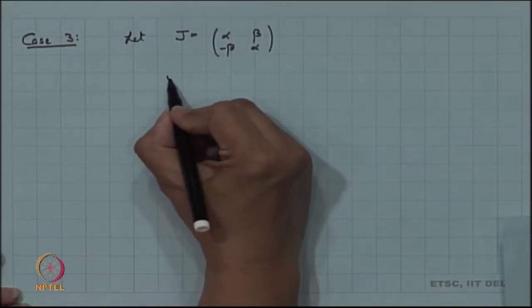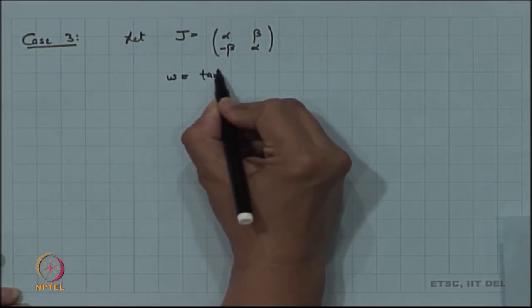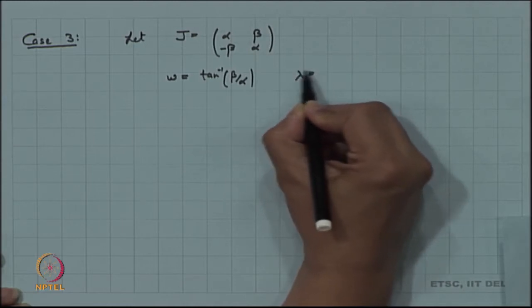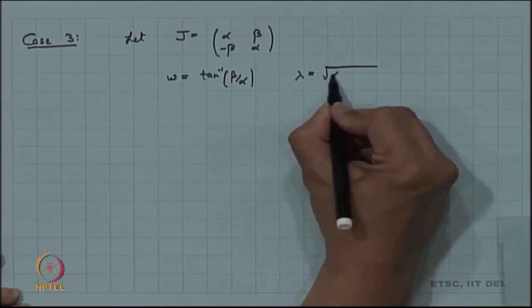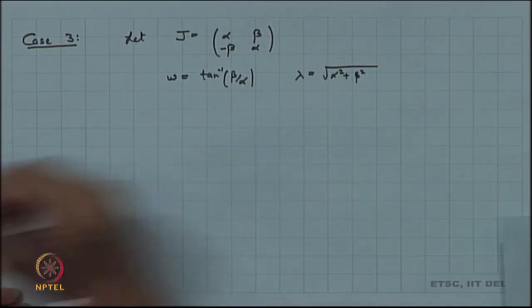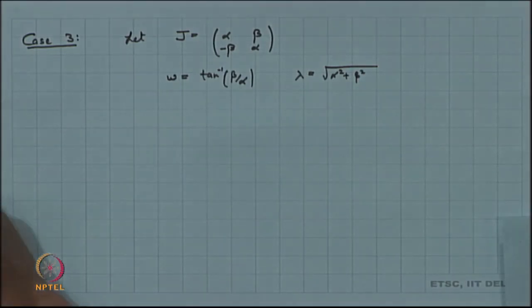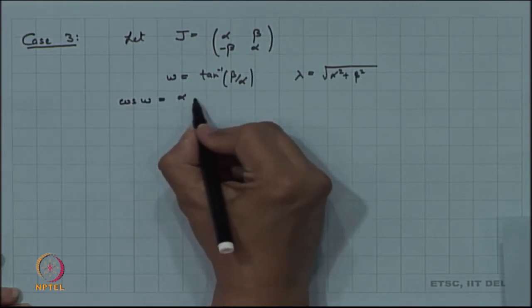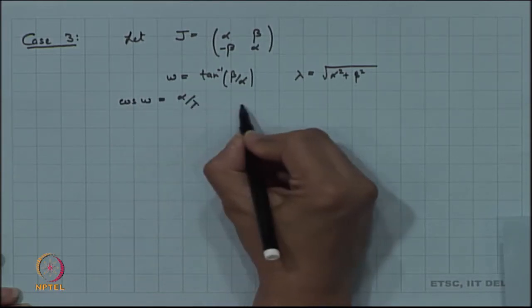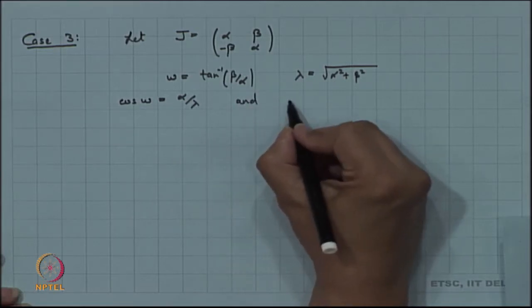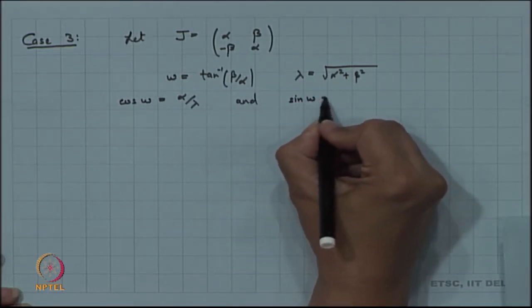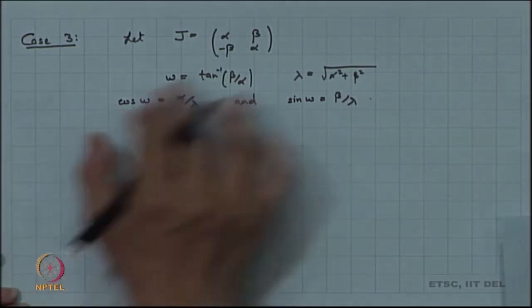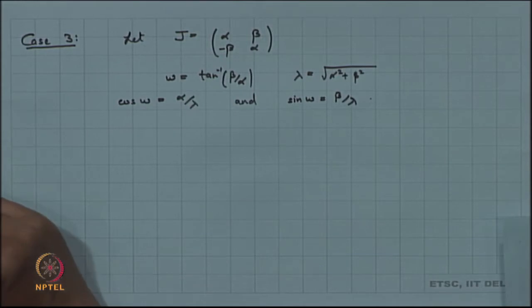We take our omega to be tan inverse beta by alpha and we let lambda be equal to root of alpha square plus beta square, and then we have cos omega equal to alpha by lambda and sin omega equal to beta by lambda, right. We had seen this particular construction.